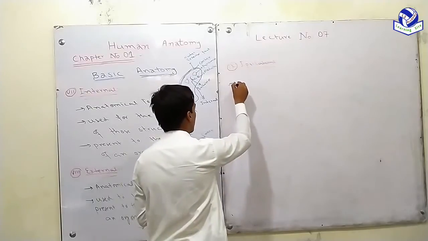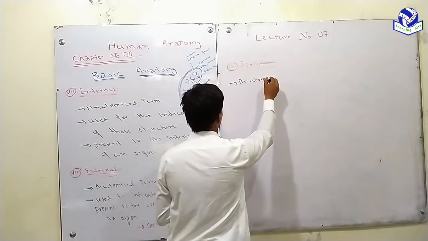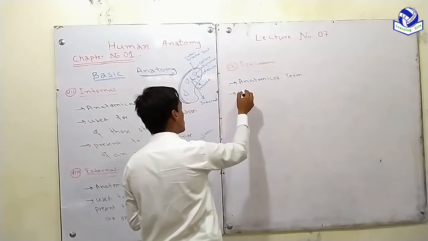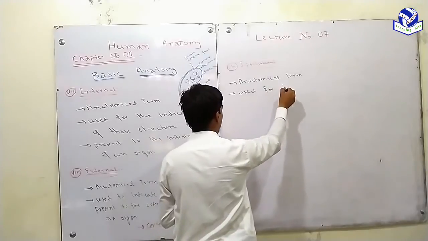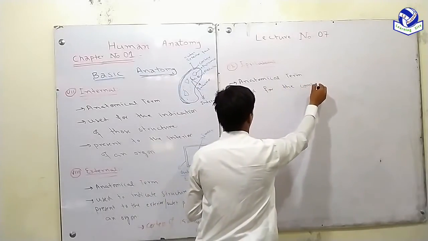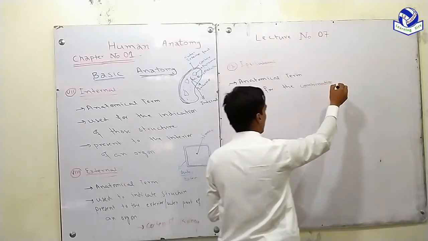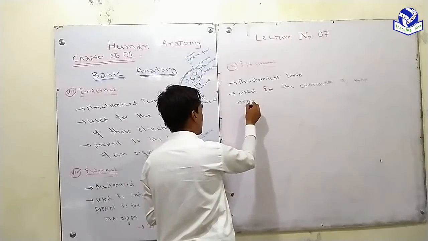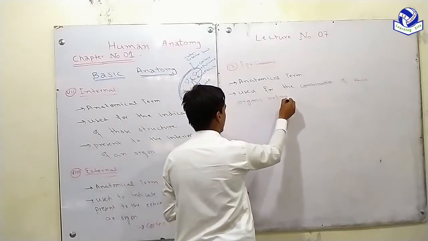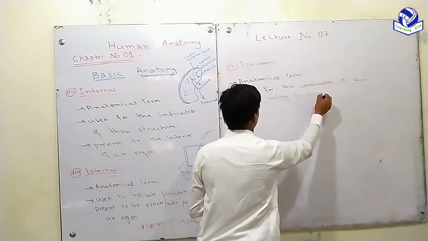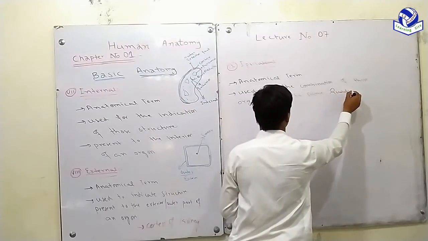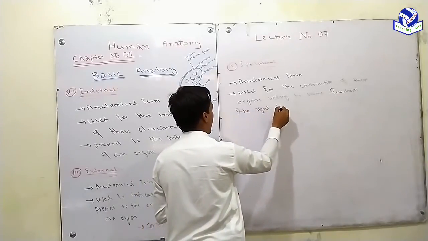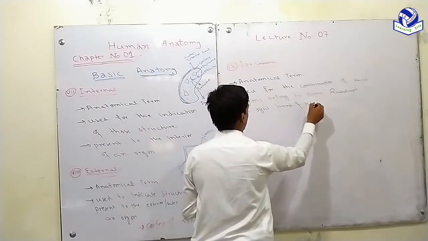It is an anatomical term used for the combination of those organs belonging to the same quadrant, like right hand and right foot.